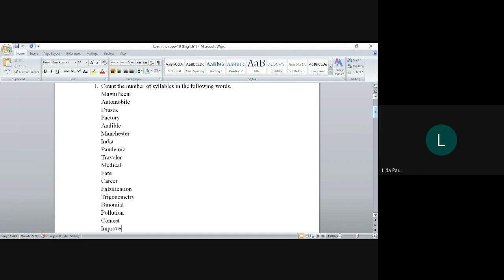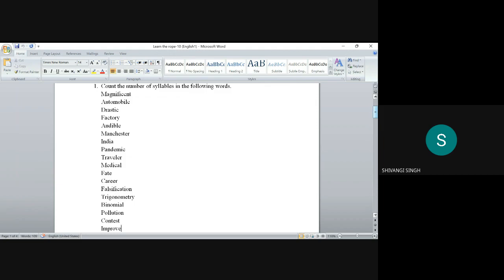So the first one is I. The second one is O. It's also a diphthong, but you're right. You can count as long as you know to count. As long as you can detect the vowel sound, it's fine. First one is I, then O, then E, and then A. Okay, 4, binomial. Next is pollution.